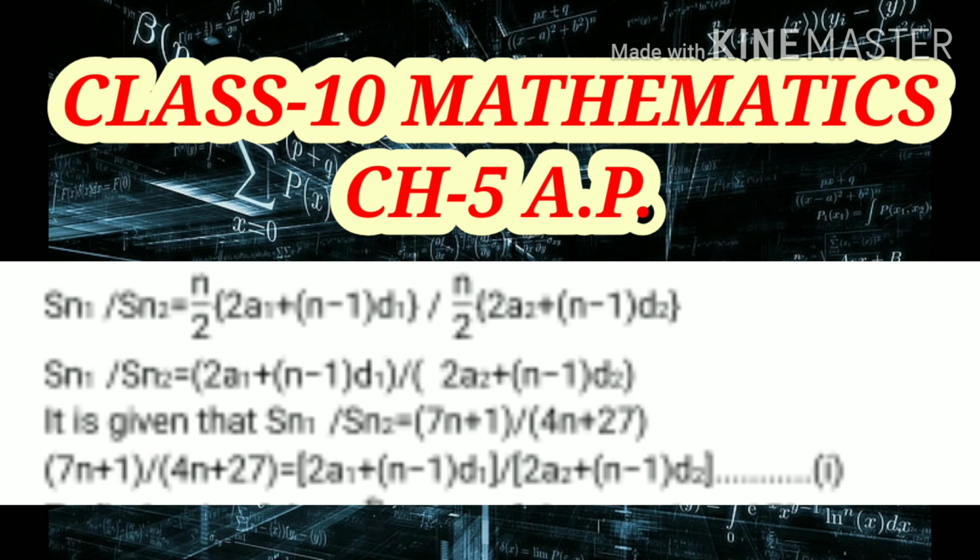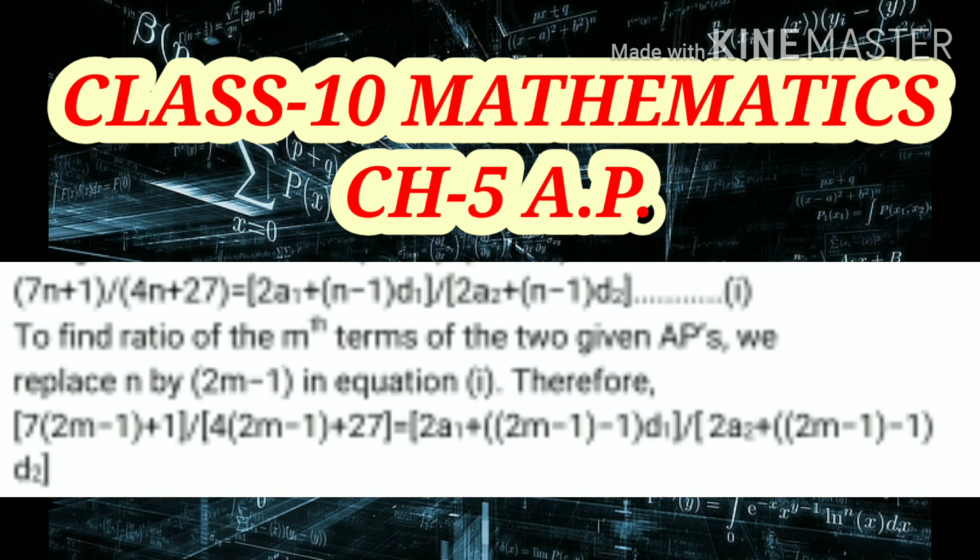So the given ratio will become equal to the ratio of the sums of the two APs which we have found, that is, 7n plus 1 upon 4n plus 27 is equal to 2a1 plus n minus 1 d1 upon 2a2 plus n minus 1 d2. So in this way we get our equation 1.